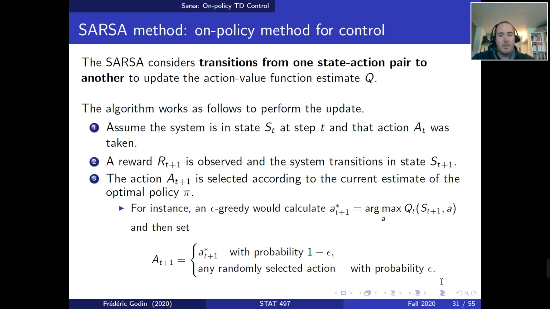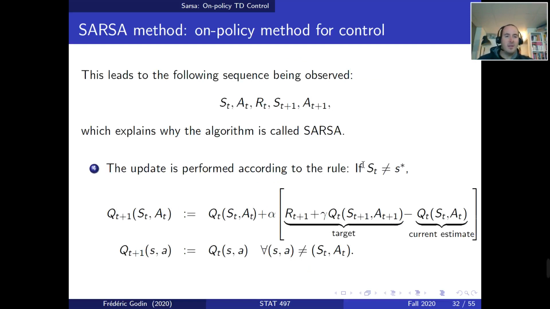So basically, to select your next action, you look at your greedy action in the current state at time t+1, and you can follow an epsilon greedy approach where you pick the greedy action with probability 1 minus epsilon, or you randomly sample with probability epsilon. If you do that, you observe the following sequence of states and actions.